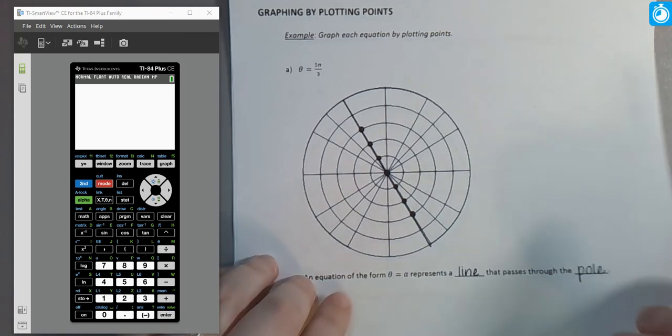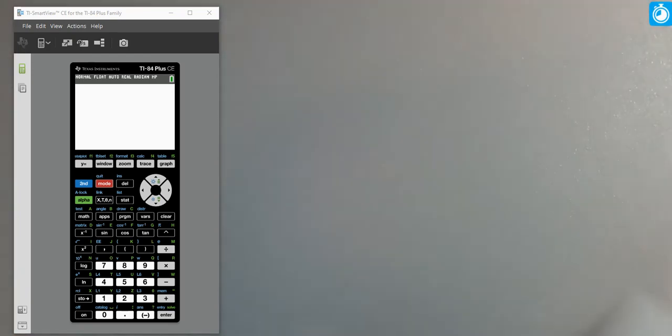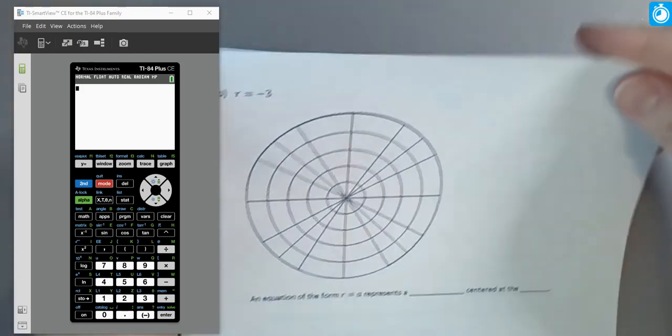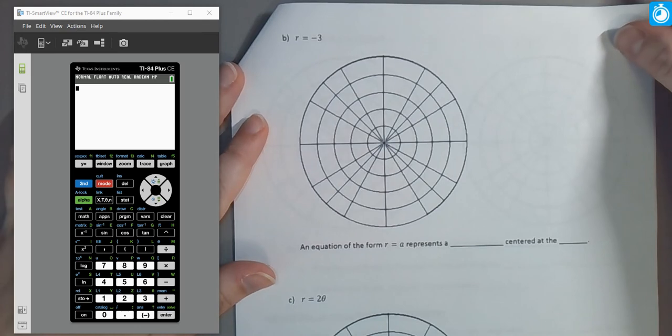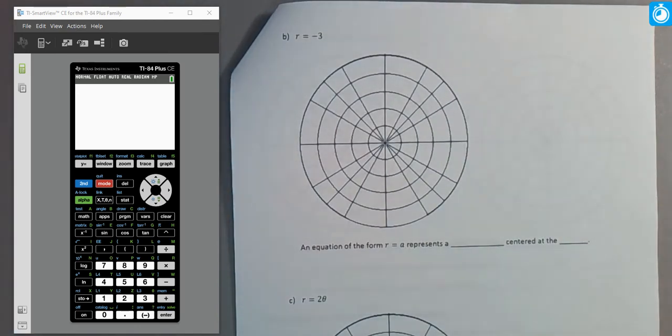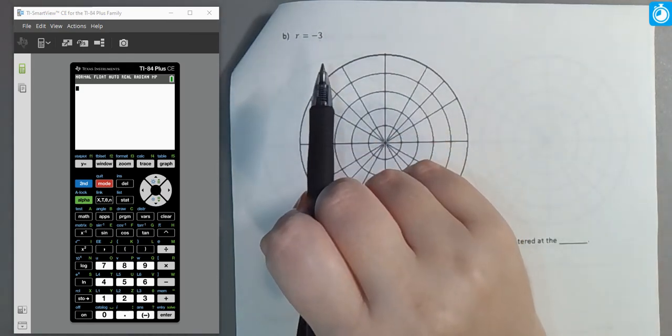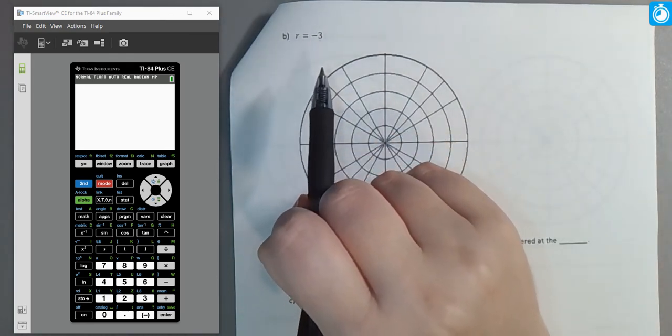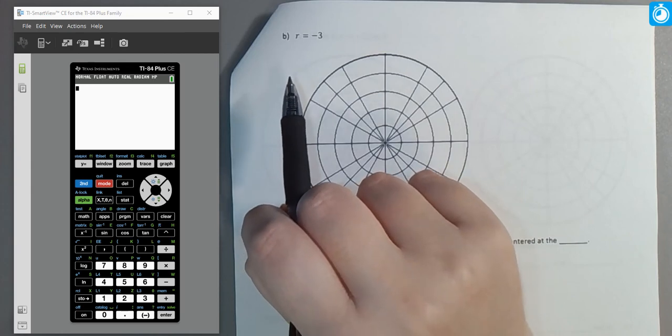Okay, let's look at another equation structure. What happens if instead of only having theta, we only have r? Well, in general, that means the two coordinates are independent of one another. In this case, we're being told that r has to be -3 in every case, but theta can be whatever we want it to be. Theta can vary.